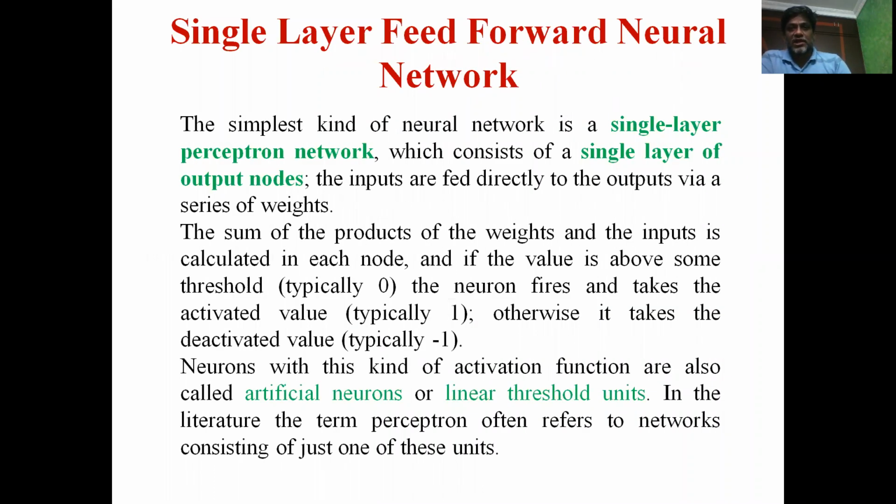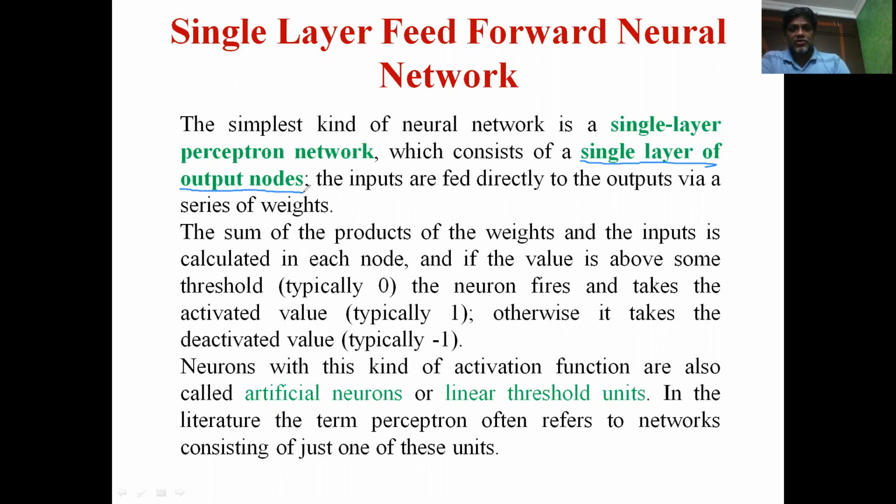Let us start with the single layer feed-forward neural network. What is meant by a single layer feed-forward neural network? This is the simplest kind of feed-forward neural network, which consists of a single layer of output nodes only. You need to remember this point. How many layers of output nodes are there?